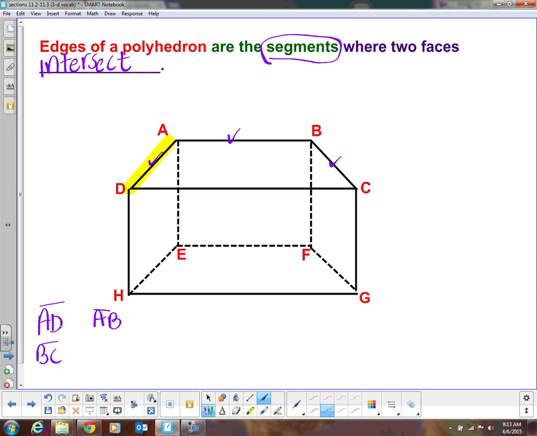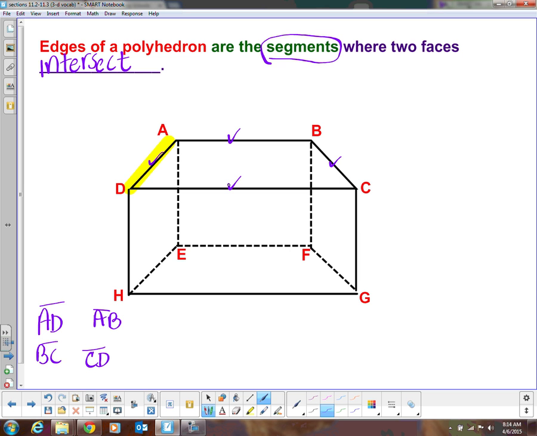Okay, so BC is where the top and this side meet. That's an edge. AB is where the back and the top meet. So it's like a corner of the box. Not corner. It's an edge of the box. CD is another one, and that's where the top and the front meet.